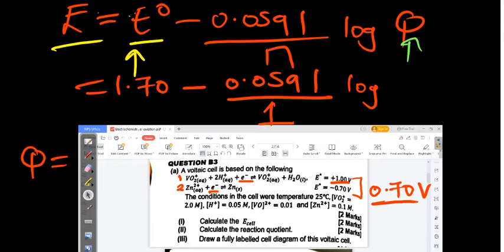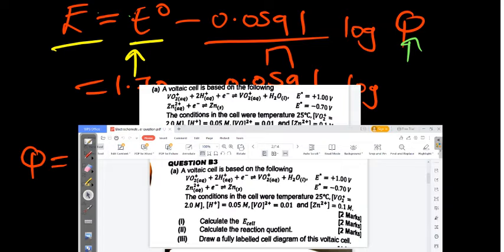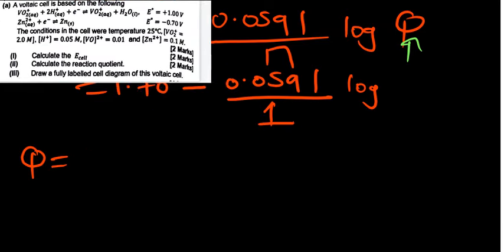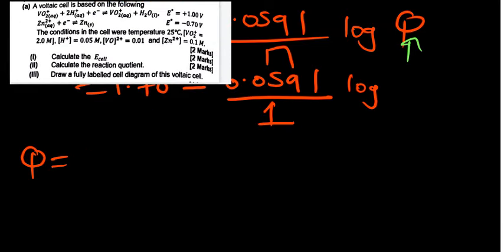Okay, let me just do one more tactic here, just to help us to work well. So just do this. Okay, much better like that. So we'll write the equation. We've reversed the second reaction, implying that this part goes the other side, so that we have zinc 2 plus and an electron.